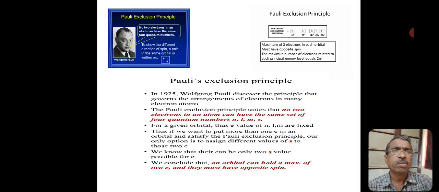These quantum number values prove Pauli's exclusion principle, that is, no two electrons in an atom can have all four quantum numbers the same. So, this is what I have explained in this slide also.